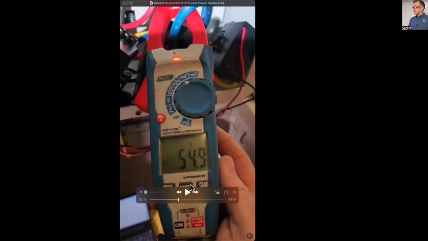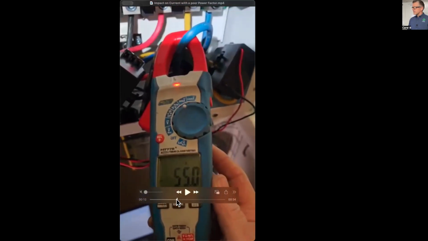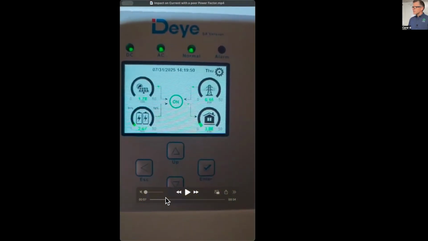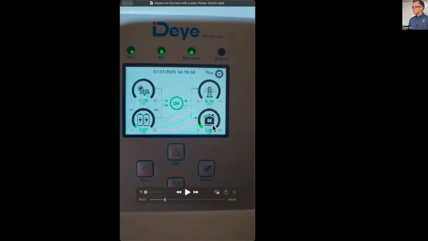So you should be able to see that. That is out to the load, and the test is measuring 55 amps. But if you look at the screen over here, there's your load sign. It's only drawing 0.16 kilowatts from Eskom.